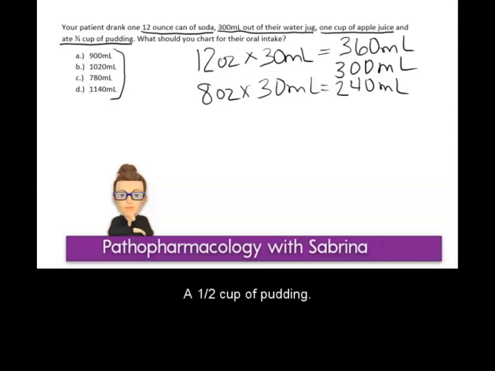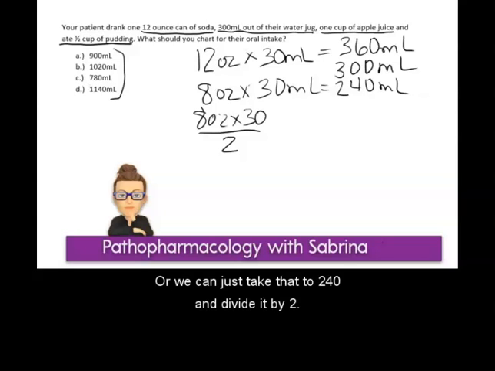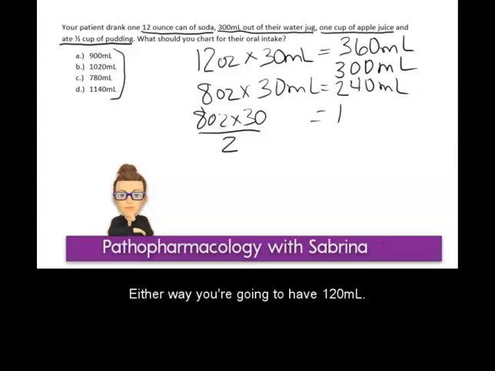And ate 1/2 cup of pudding. So we know that we could do 8 ounces times 30 divided by 2 since it's 1/2. Or we can just take that 240 and divide it by 2. Either way, you're going to have 120 milliliters.